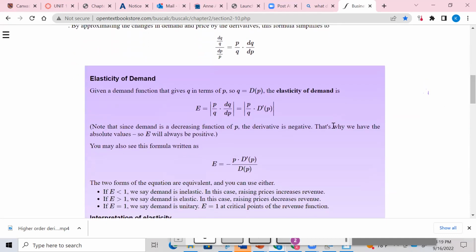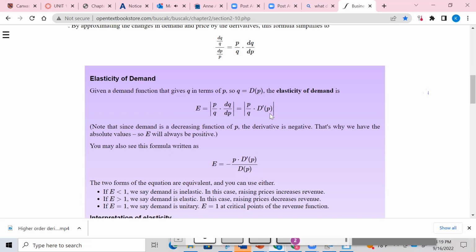It's written in two ways. If you read the textbook, it's written like this. In the packet, the formula you'll be given is written like this. Given a demand function Q, and we often say Q is equal to D of P, where P is our price, the elasticity of demand is the absolute value of P over Q times D prime of P. Again, we always want it to be a positive number because positive numbers are easier to work with.